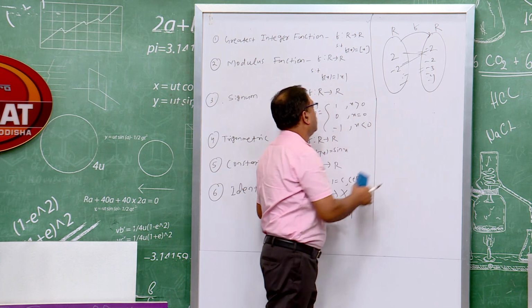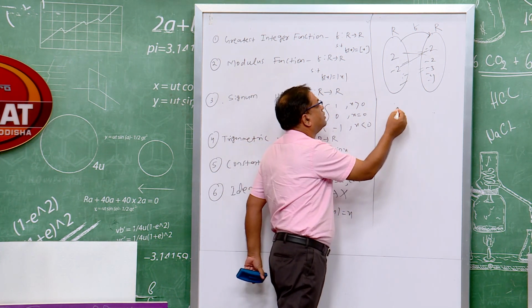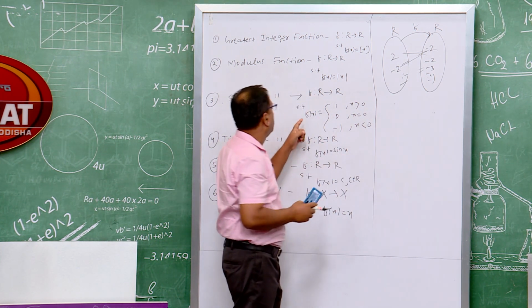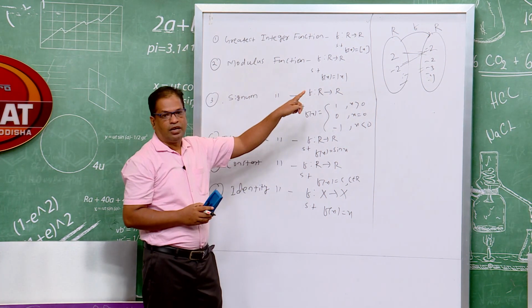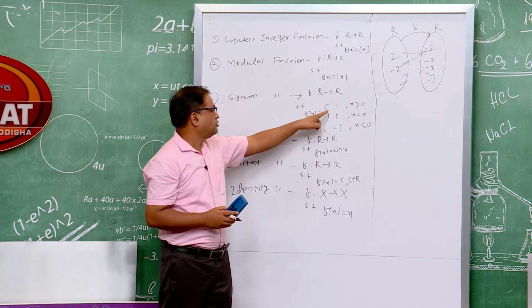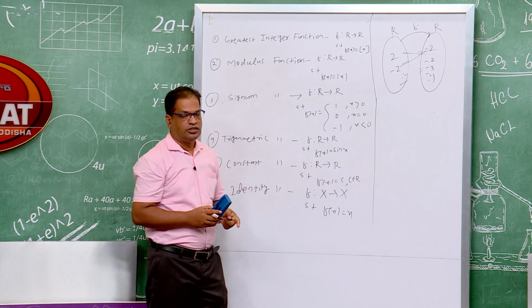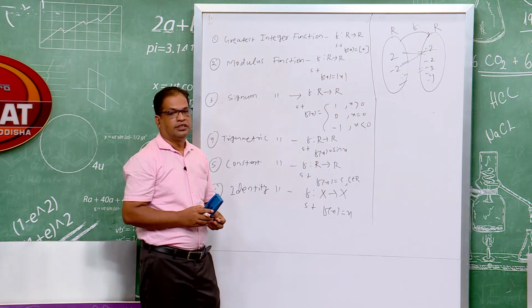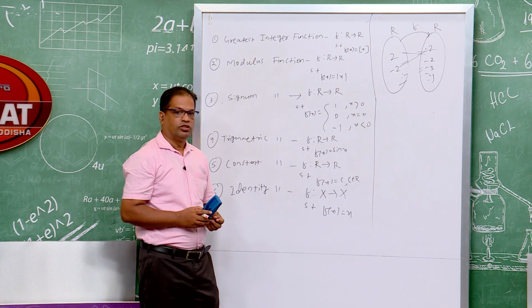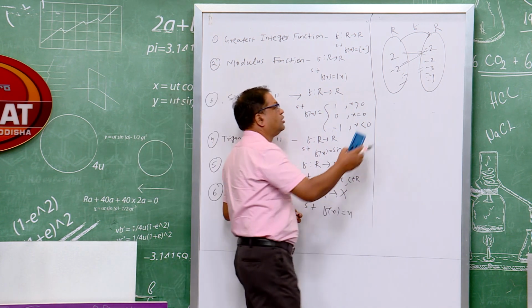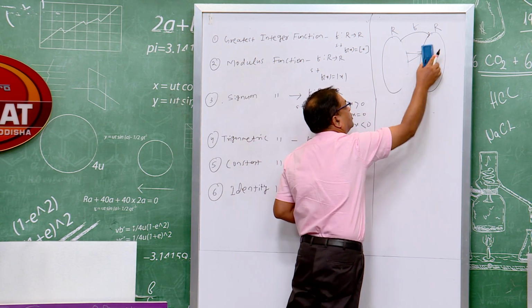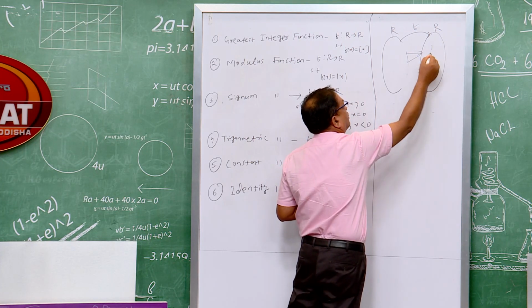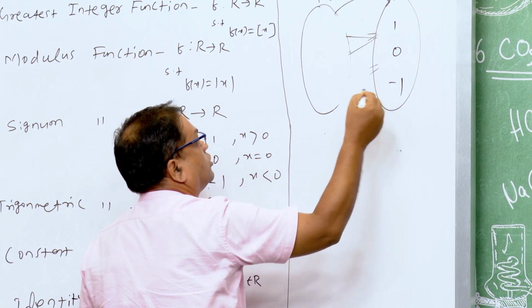The third one is the signum function. What is the signum function? When f is a function from R to R, f(x) = 1 when x is greater than 0, f(x) = 0 when x is equal to 0, and f(x) = minus 1 when x is less than 0. That means the function value will be 1, 0 or minus 1.